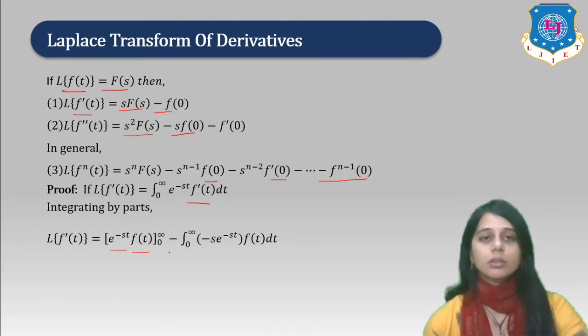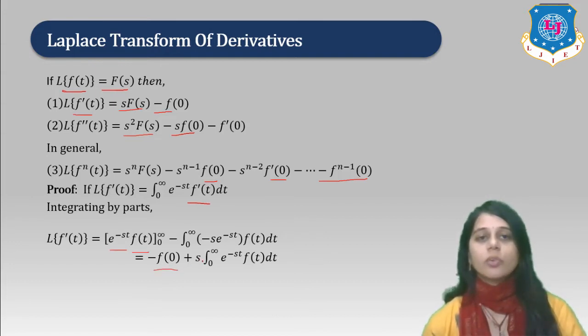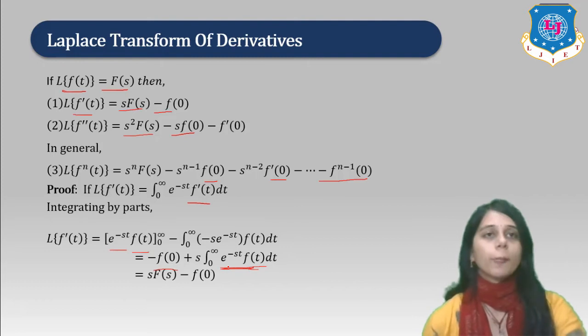Putting the limit in the first integral, we get minus f of 0, and plus s times integral 0 to infinity e raised to minus st f of t dt, and this is the definition of Laplace transform. So we write s F of s minus f of 0.